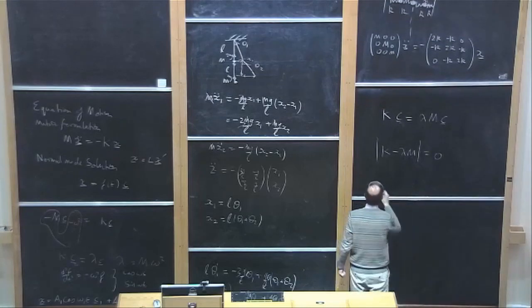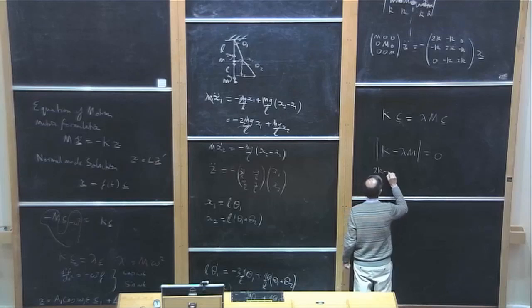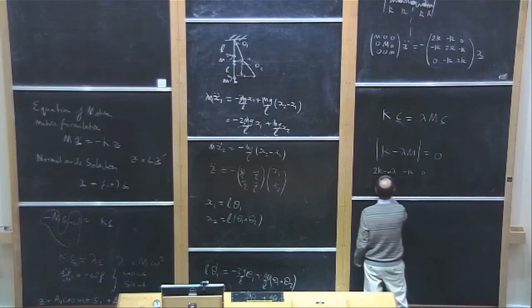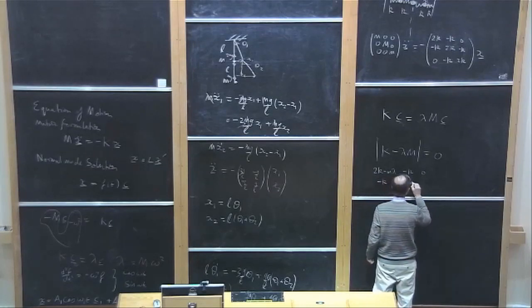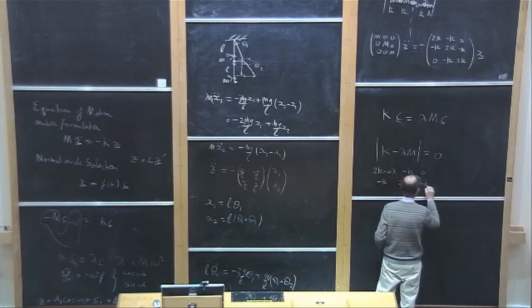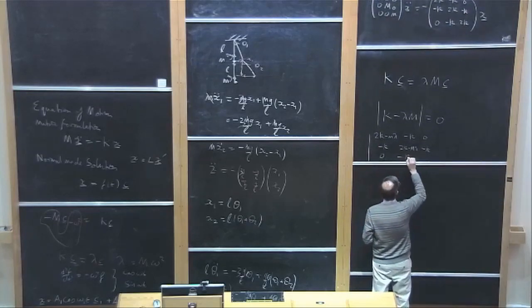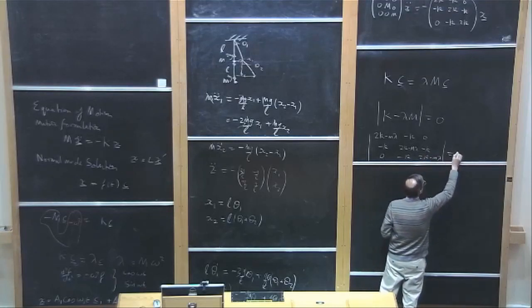And that gives us the determinant of: 2k minus little m lambda, minus k, 0; minus k, 2k minus capital M lambda, minus k; 0, minus k, 2k minus little m lambda; which is naught.